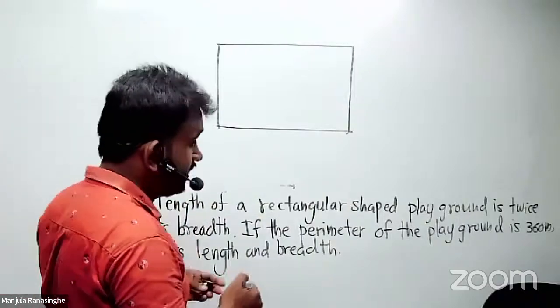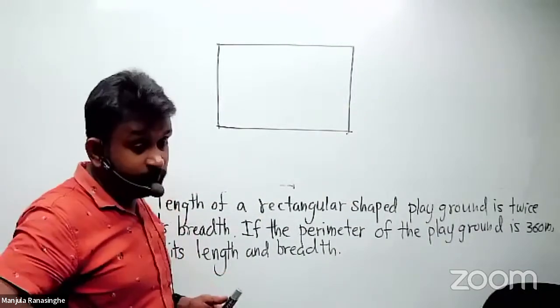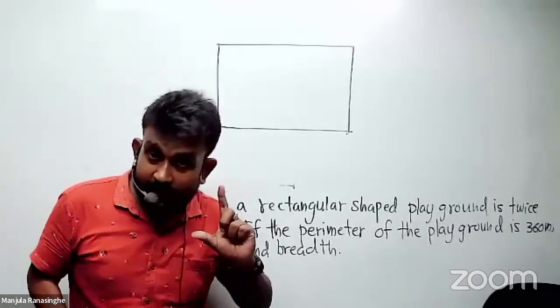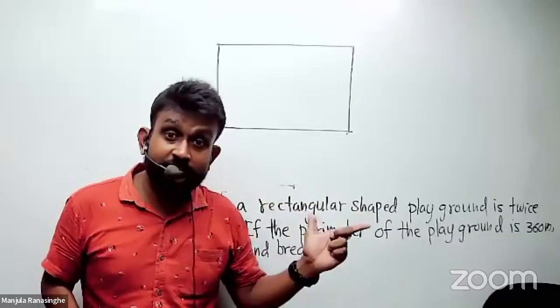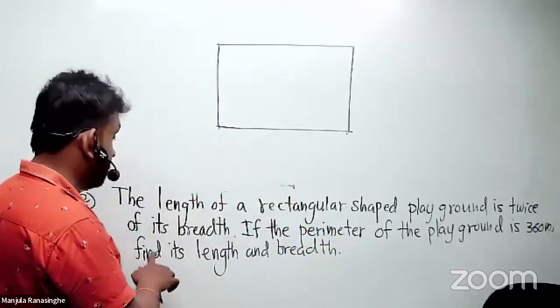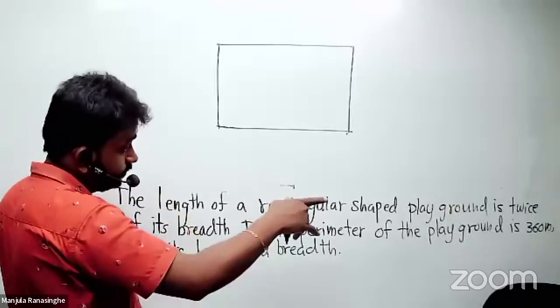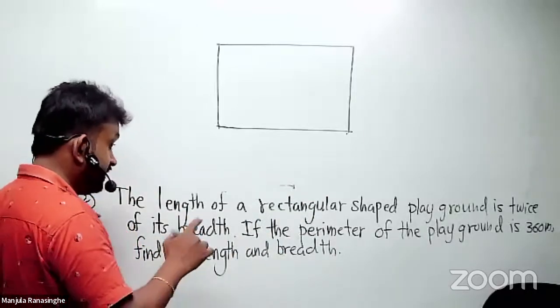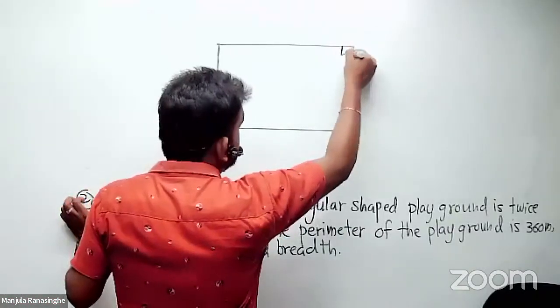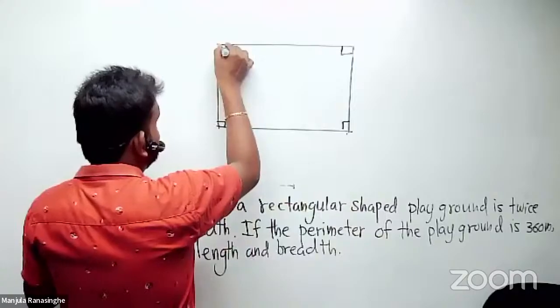The length is twice its breadth. Here we can deal with different methods. Neither the length nor the breadth is given, they just mention twice. So the smaller length is the breadth. I write the breadth as x.